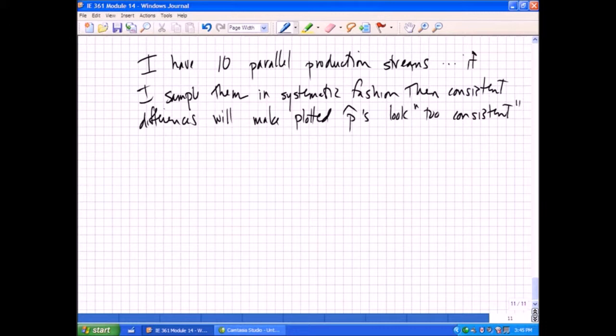That is, p-hats won't vary like binomial variables do. They'll be consistently 1/10, 1/10, 1/10.